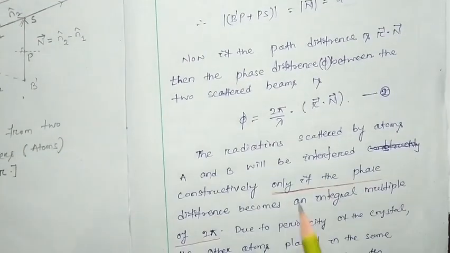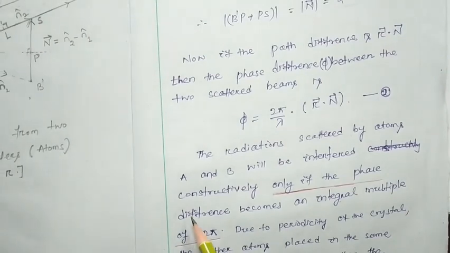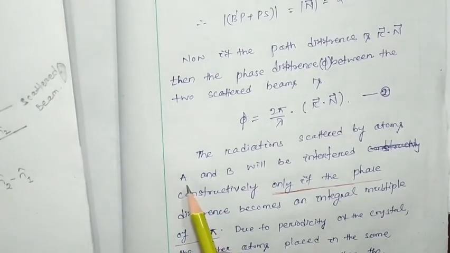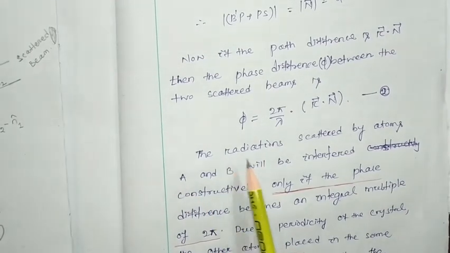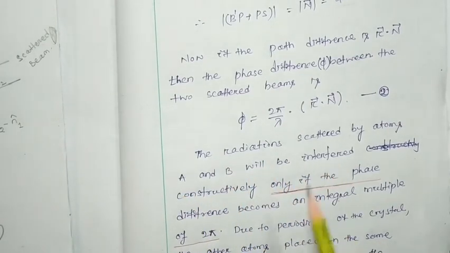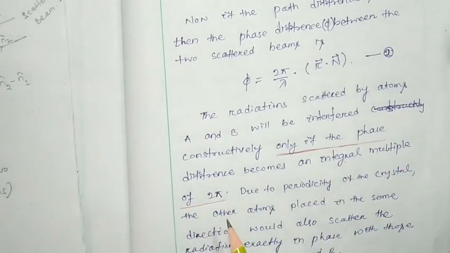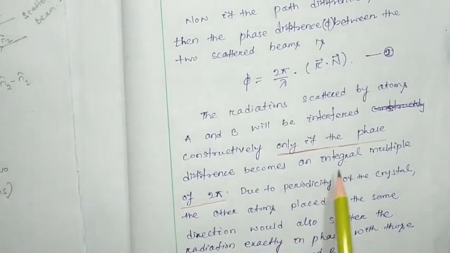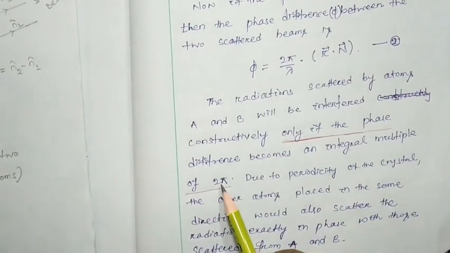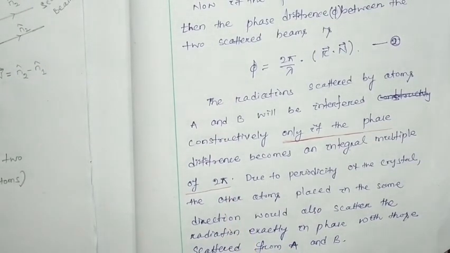The radiation scattered by atoms A and B will interfere constructively only if the phase difference becomes an integral multiple of 2 pi. We studied these things in our last semester in optics. I am going to show you what we studied there.